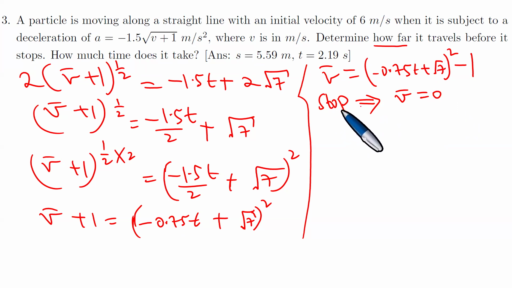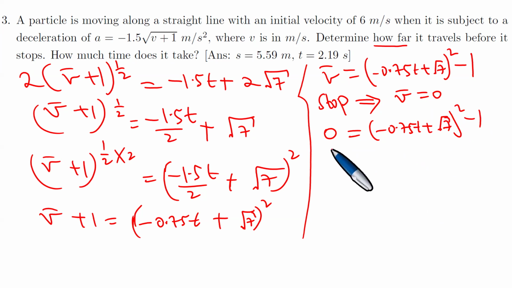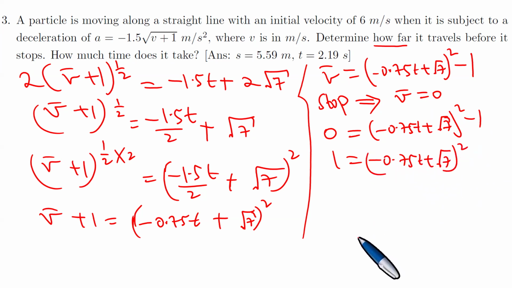Whenever it stops, it means that it's not moving, so its velocity is 0, which means 0 is equal to minus 0.75 T plus the square root of 7, and then you square this minus 1. Minus 0.75 T plus the square root of 7 squared. Okay, this is a square.